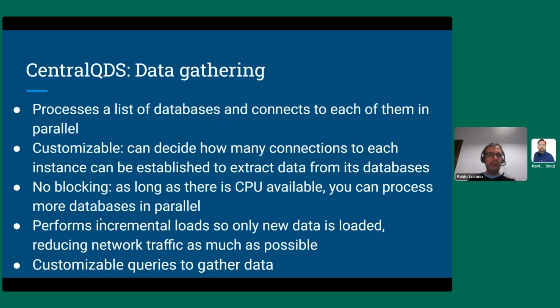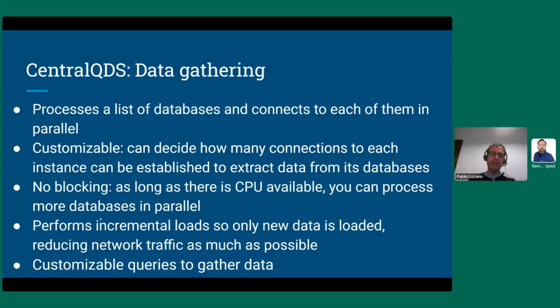And how the data gathering works. It gets a list of databases, which is what I call the database queues, and it connects to each of them in parallel. This is done by a combination of SSIS packages, with asynchronous execution of the SSIS packages invoked by SQL, which logs information into a table. This is also customizable, so you can decide how many databases you will extract information from, how many databases per instance.